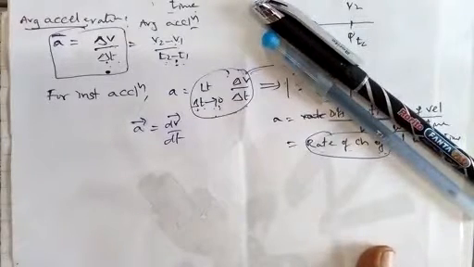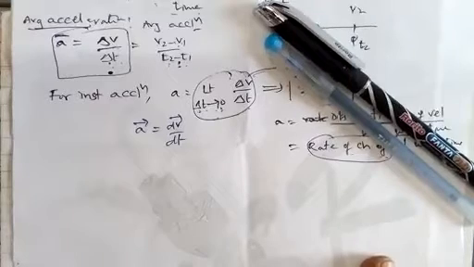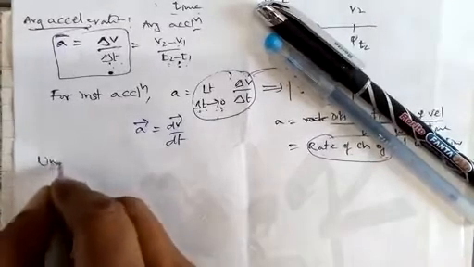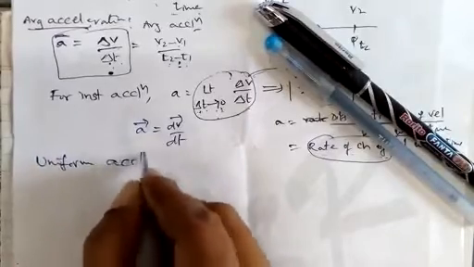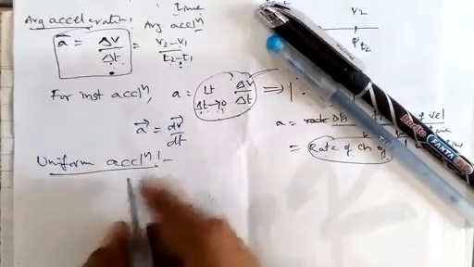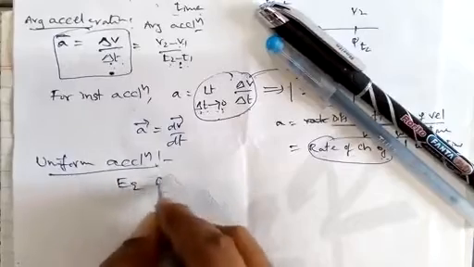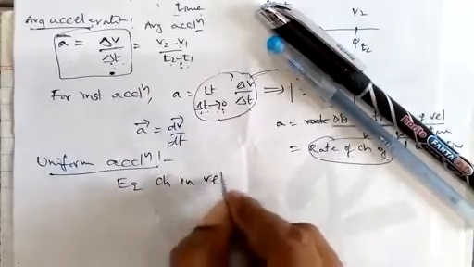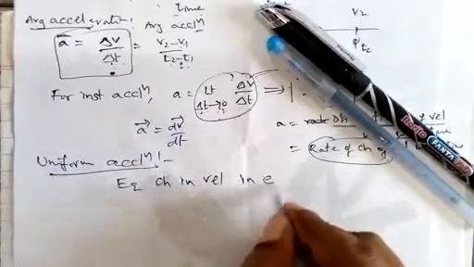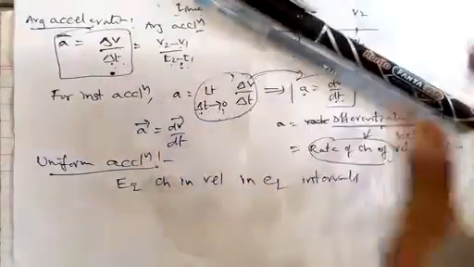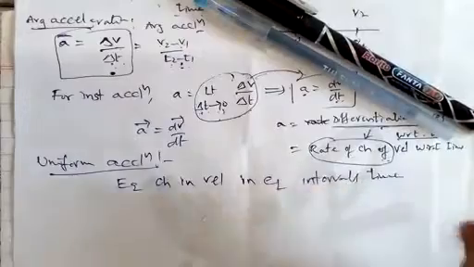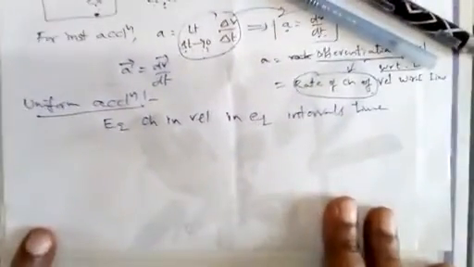So what is uniform acceleration? Acceleration is said to be uniform only if velocity changes at regular intervals, meaning equal changes in velocity in equal intervals of time. Then it is called uniform acceleration.